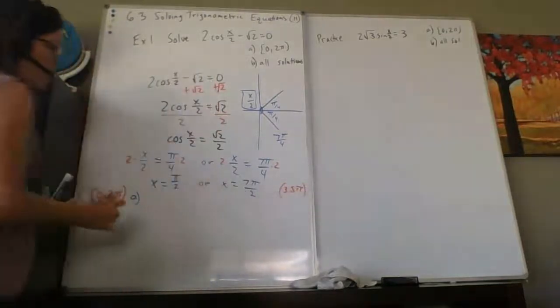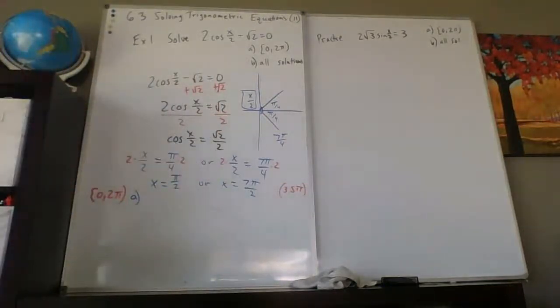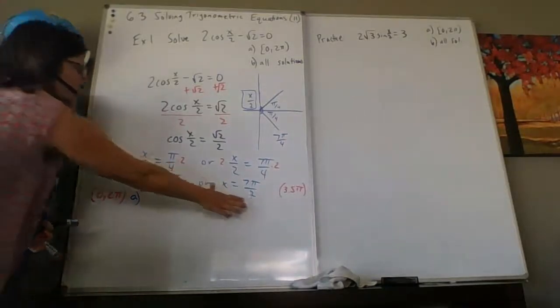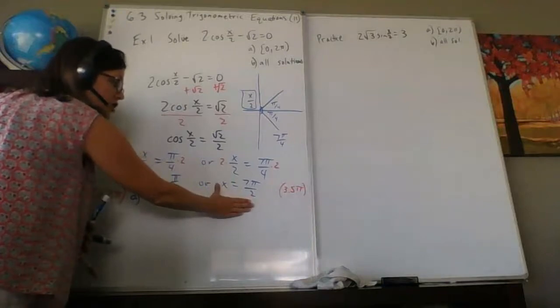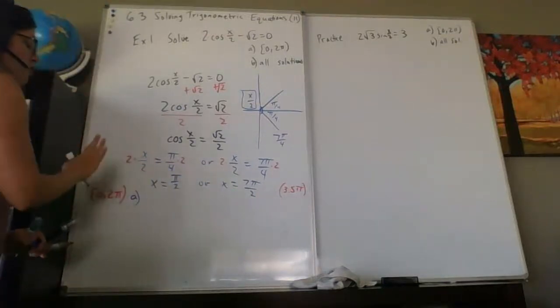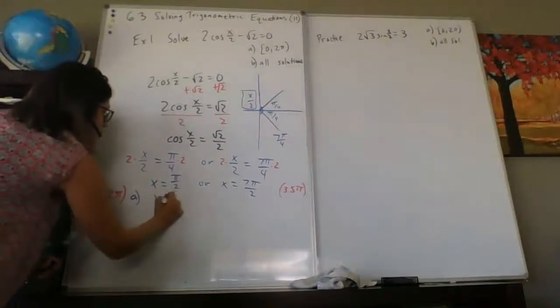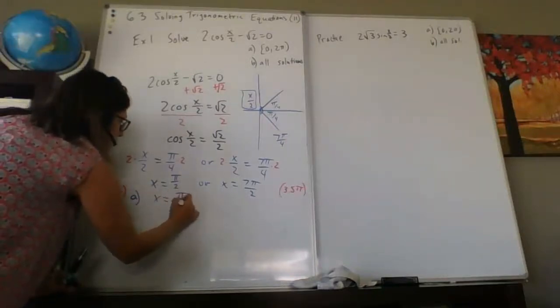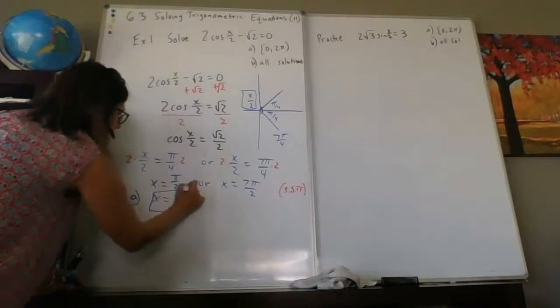So 7 pi over 2 is actually 3.5 pi. So for part A, we will not list this solution. It is a solution. It's just not in the interval from 0 to 2 pi. So for part A, our solution is just x equals pi over 2, and that's it.